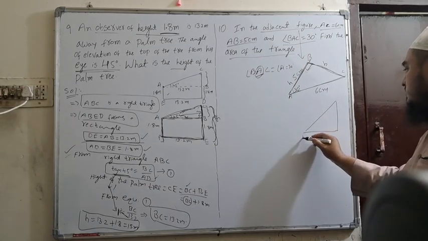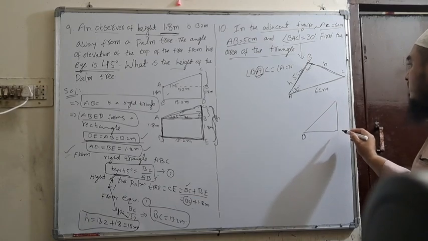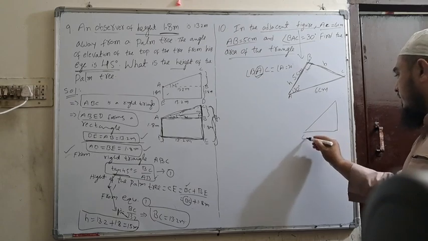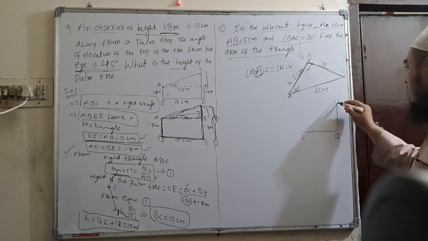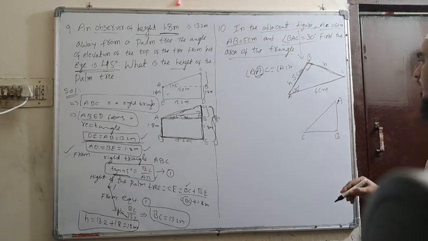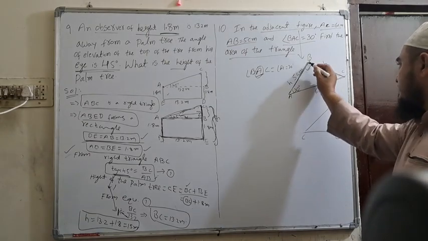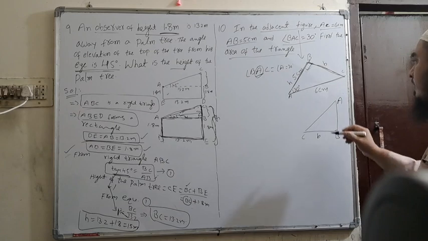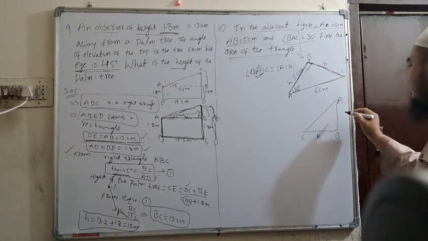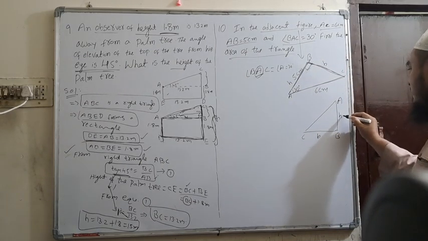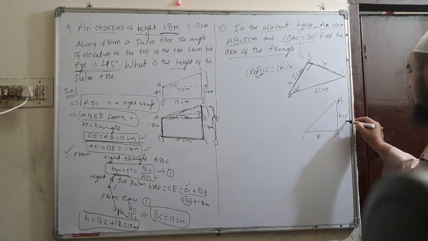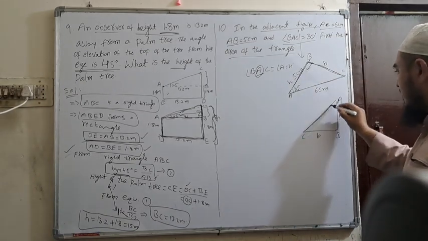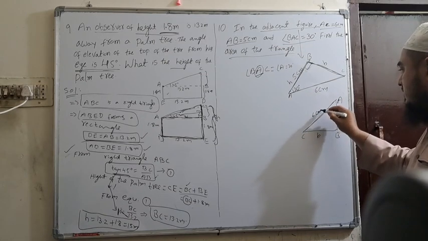So this is BC, you can take this as C, here as B, and here as A. Now BC is going to be the base of the triangle, and the height H we are taking as given, 5 centimeters. And AC they have already given, AC is equal to 6 centimeters.